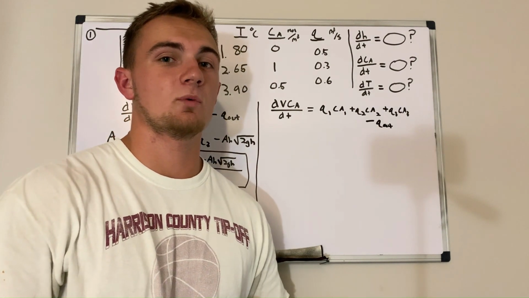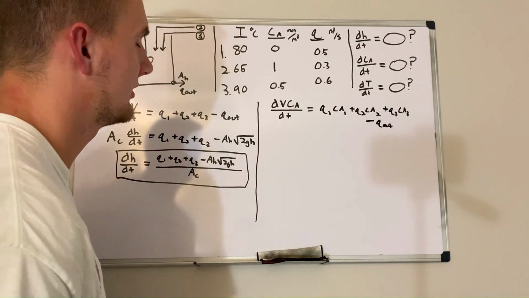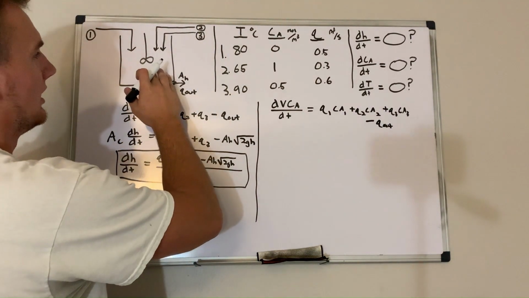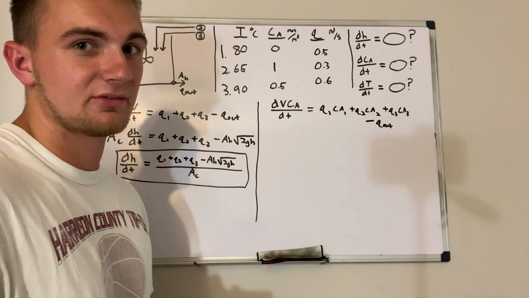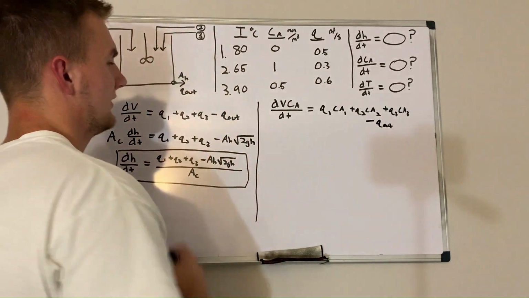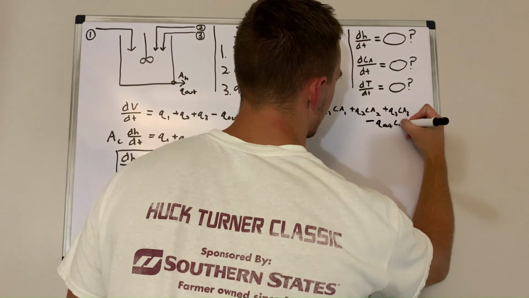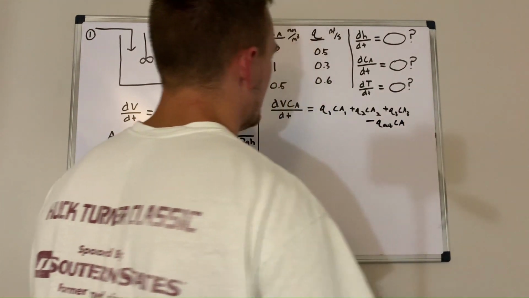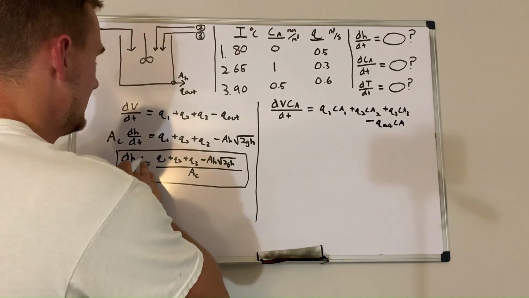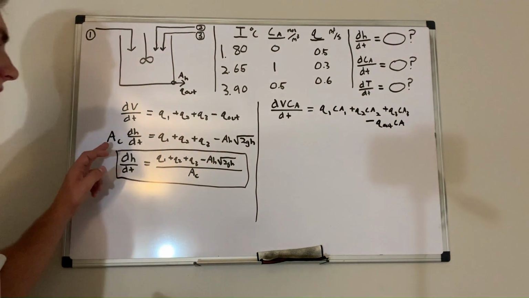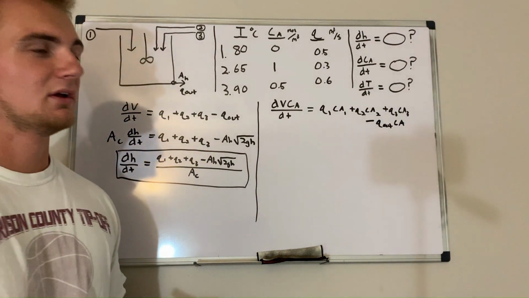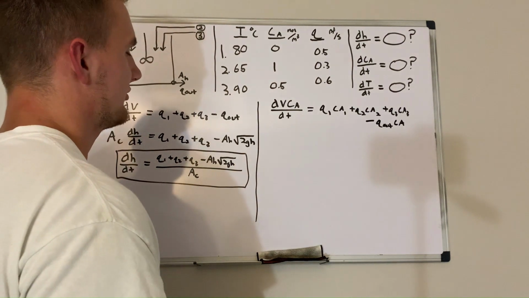If we have a well mixed reactor or whatever tank we're dealing with, the concentration of A inside the tank is going to be the same concentration of A that is leaving the tank. So we just have Ca here. These are both the same. So we can use the same thought process here and take out the cross-sectional area.